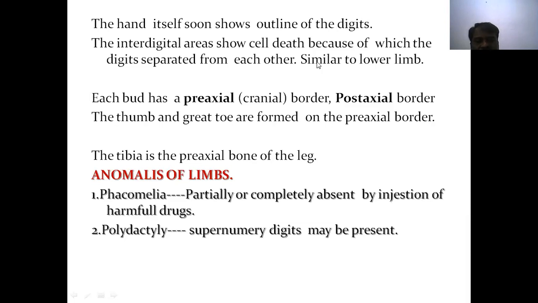The interdigital area shows cell death. So in the interdigital area the cells disappear, leading to the formation of the digits. In the same similar way, in the development of the lower limb also, the interdigital area disappears.